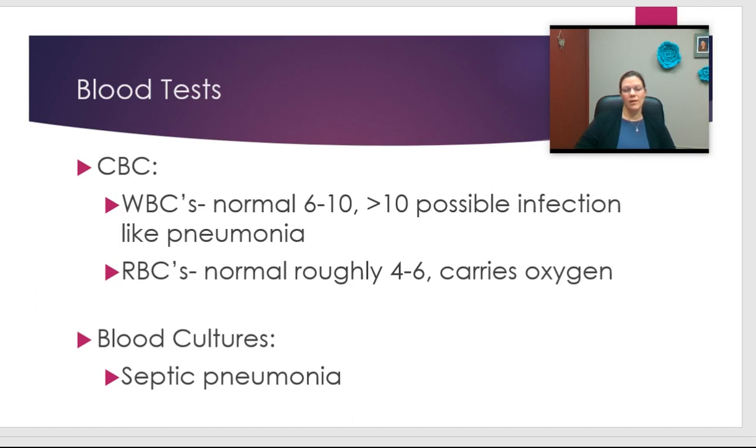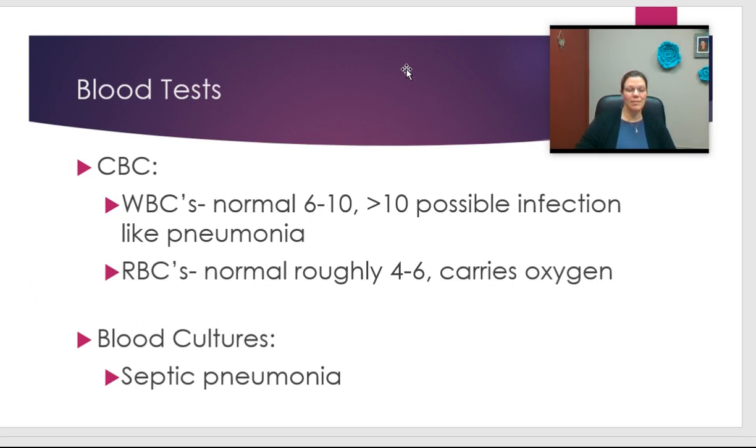So your doctor might order some blood tests if you're having lung problems or respiratory issues, and the most common ones they're going to look at would be a CBC, which includes white blood cells. That'll indicate an infection if they're elevated. And also they're going to look at RBCs and just make sure that you have enough RBCs to be carrying the oxygen.